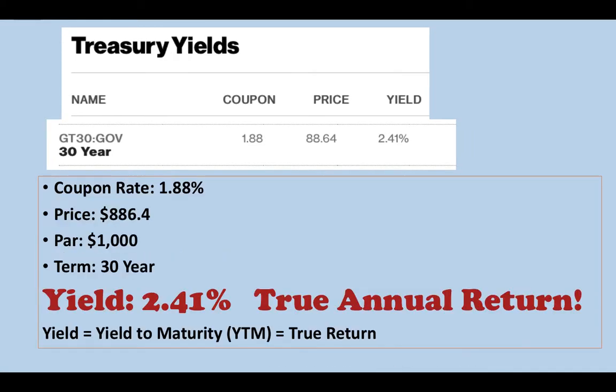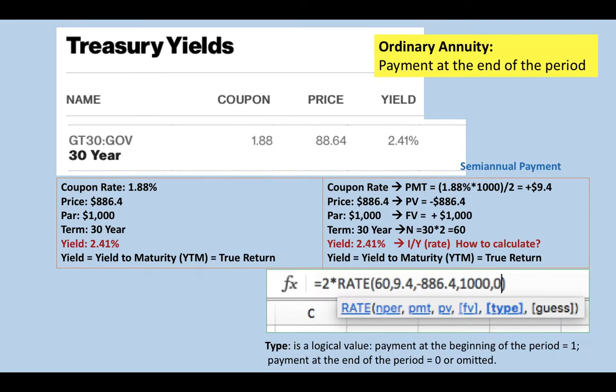An ordinary annuity is a series of payments. This 30-year government bond gives you a semi-annual payment, which is every 6 months. The payment is at the end of each 6 months, not at the beginning.